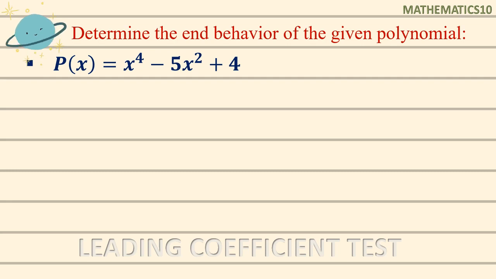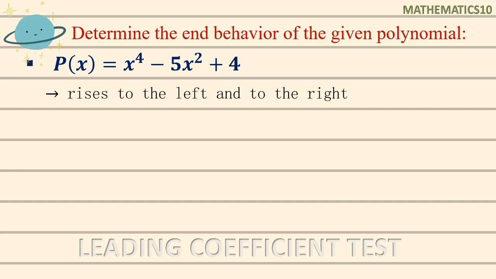It's going upward, right? So that would give you the clue that if the degree is even and the leading coefficient is positive, then the arrows will be going upward, or you can say that it rises to the left and to the right, or both rise, or else both arrows will be going upward.